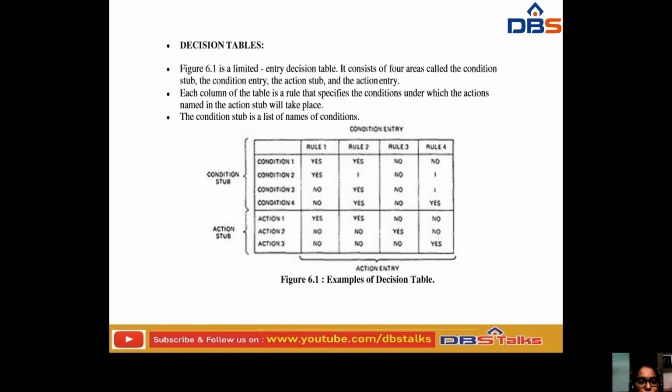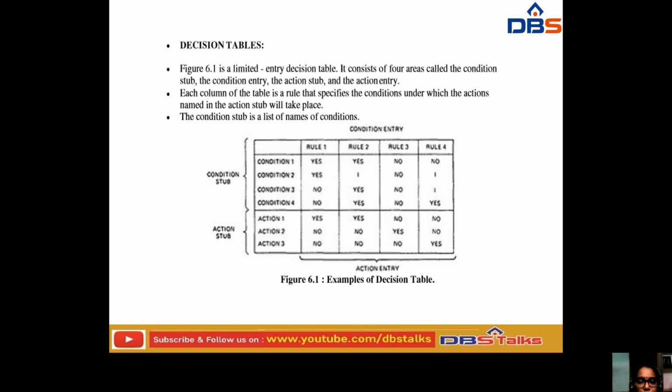So this is the action step: action 1, action 2 and action 3. So here in action 1, this is the rule that we are going to take. In this action we are going to apply rule 1, so we wrote Y. In this action we are going to apply rule 2, so we wrote Y. In this action rule 3 is not applied, so we wrote N. In this action we are not applying rule 4, so we wrote N again.